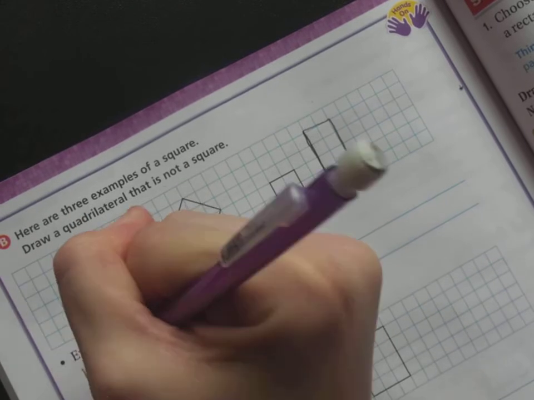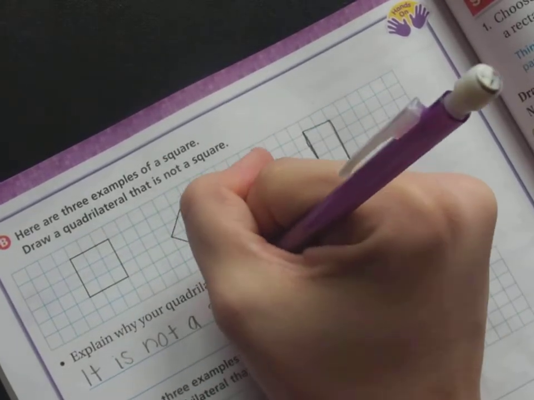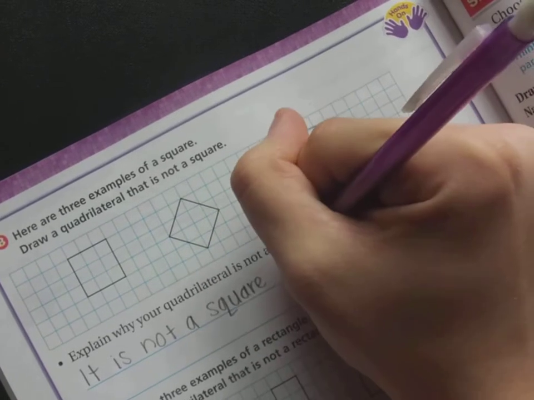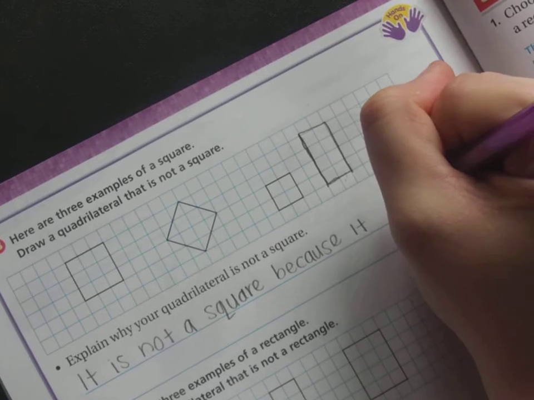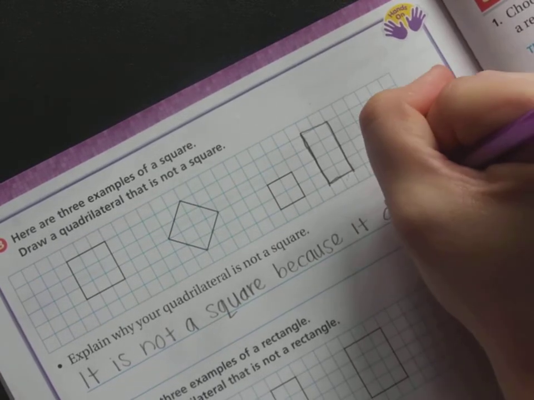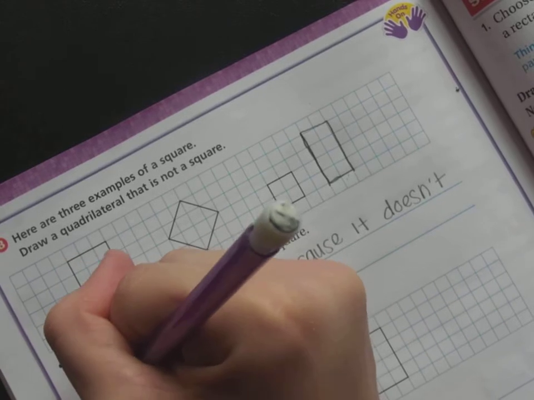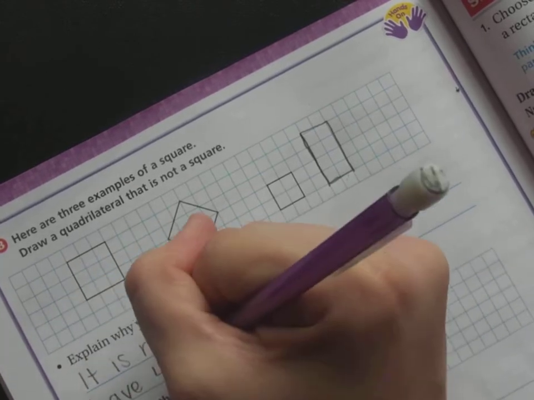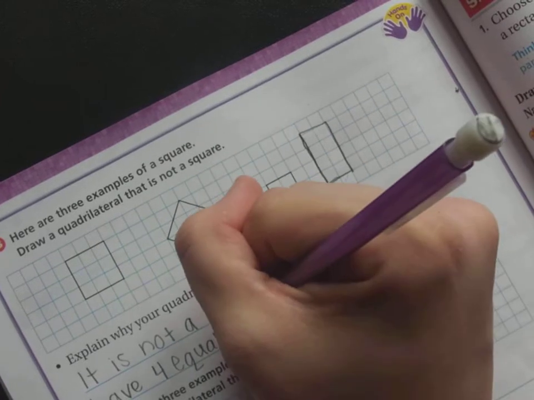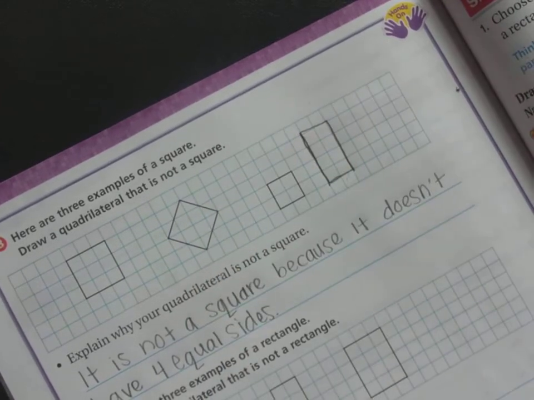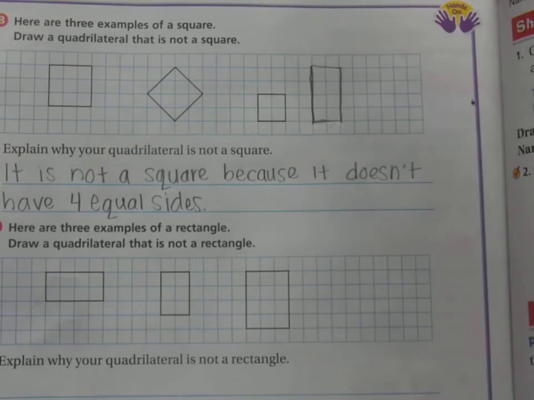So it is not a square because it doesn't have 4 equal sides. All right. Again, pause the video if you need time to write that.